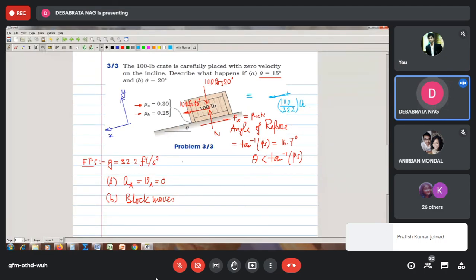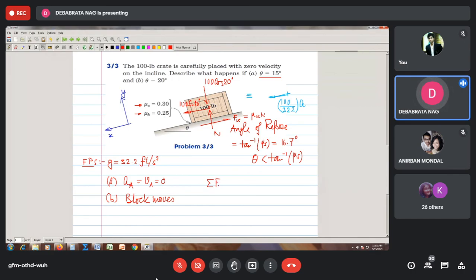So therefore, my equations here will be summation Fx is equal to max, and summation Fy is going to be equal to 0. It's going to be equal to 0 here, correct?